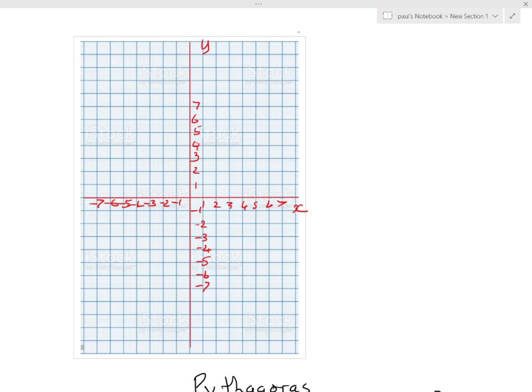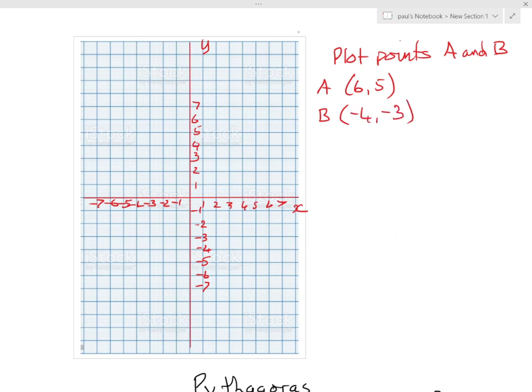So what we're going to do with this one, slight twist. We're going to plot points A and B. A is 6, 5. B is minus 4, minus 3. So let's plot them. 6, 5 over there somewhere.